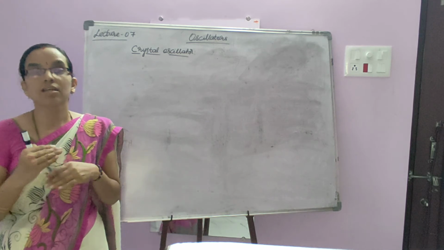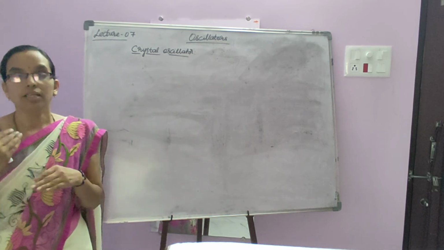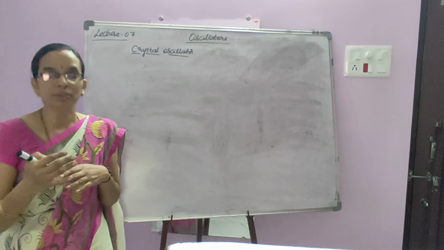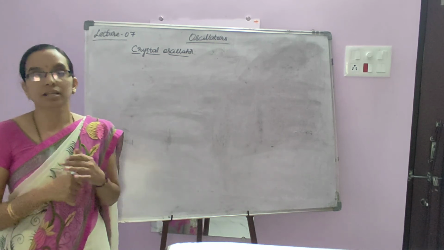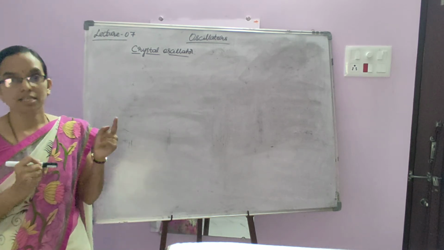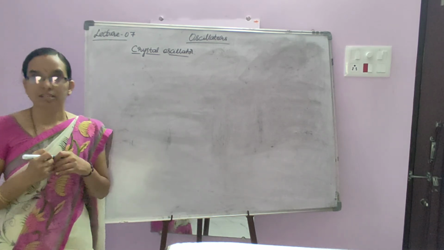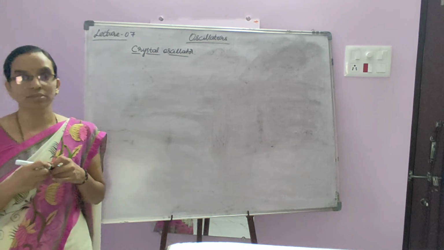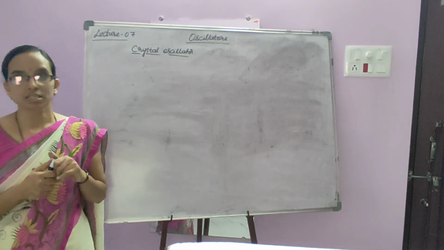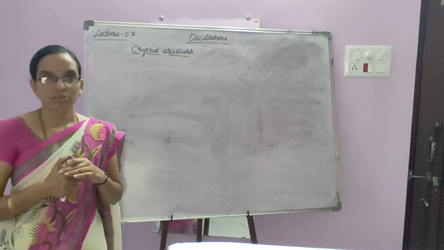In RC oscillators we have not used inductors, so they are more stable than LC oscillators. But there is a limit to the frequency stability in LC and RC oscillators. Compared to them, the crystal oscillator has good frequency stability. So in most digital circuits, crystal oscillator circuits are preferred.